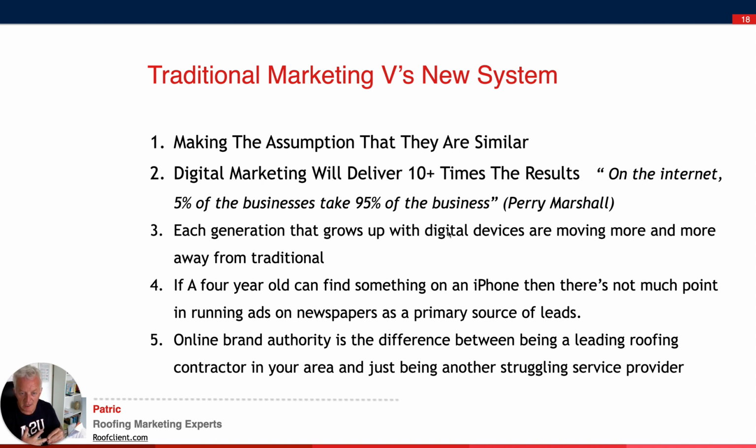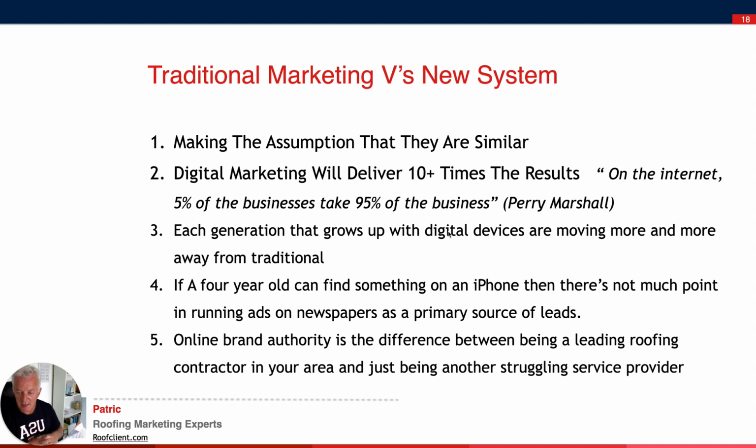Digital marketing will deliver 10 times the results. A quote from Perry Marshall saying on the internet, 5% of businesses take 95% of the business. He has revised that quote now, saying that 2% of businesses take 50% of the business online. Each generation that grows up with digital devices is moving further and further away from the traditional source of advertising.